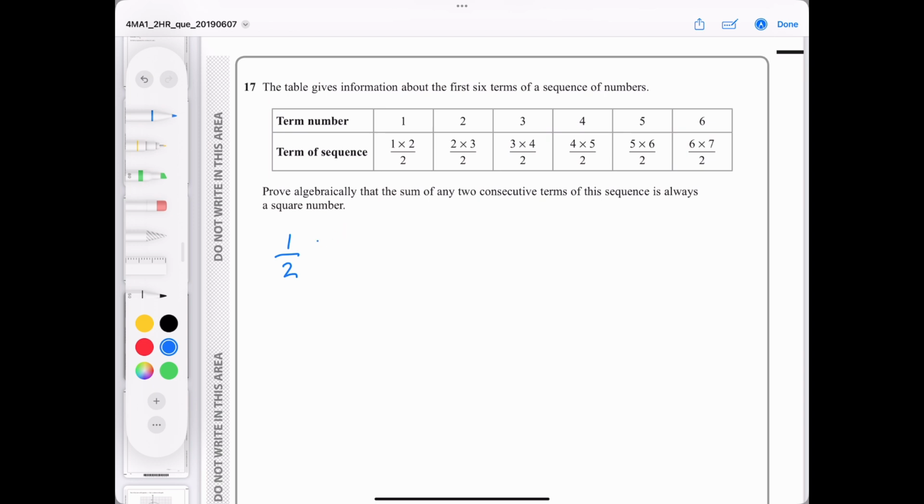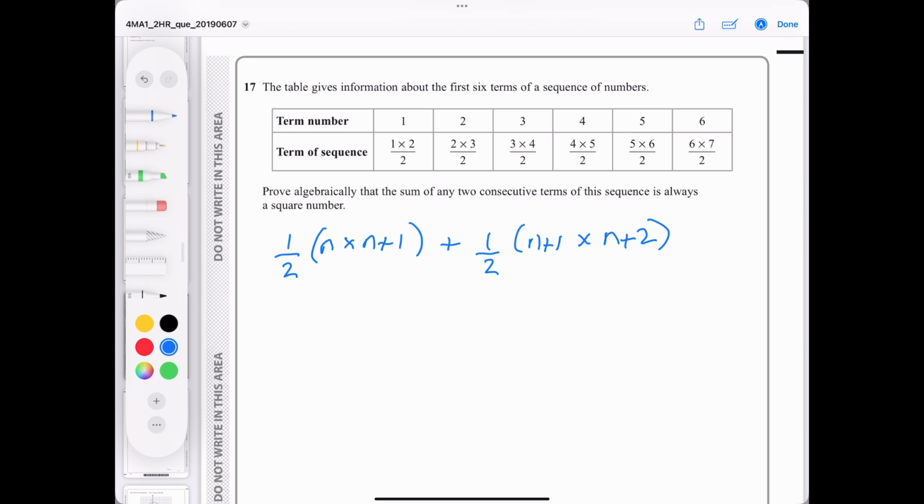So let's make it half n times n plus 1. I should write that in a more algebraic way, but I'm not. Then we add half, it's 2 times 3, so that would be n plus 1 times, I realise I should put in brackets, n plus 2.